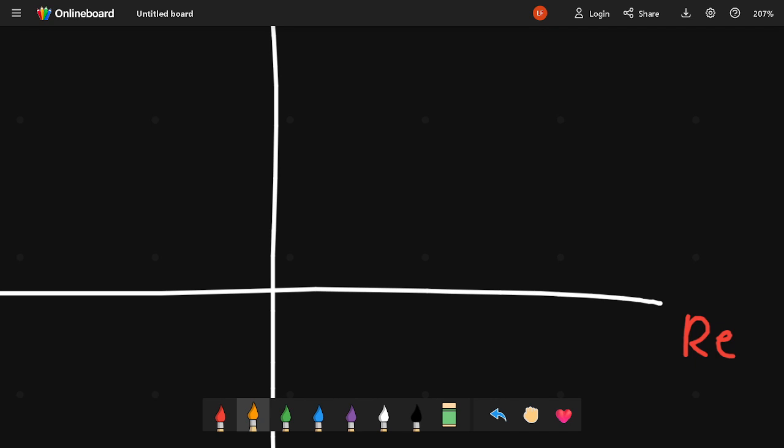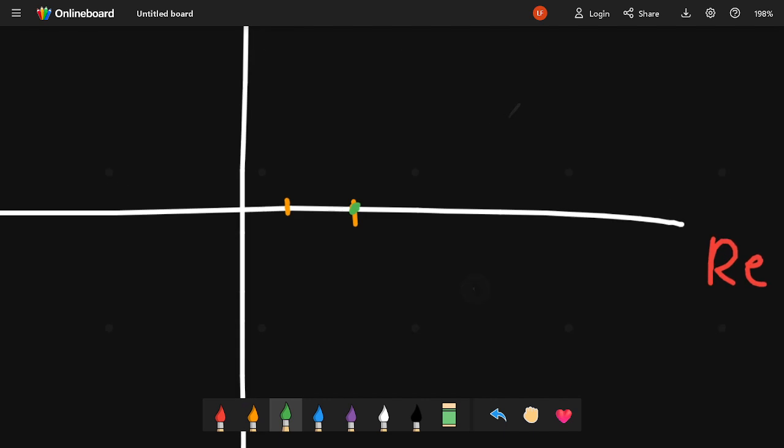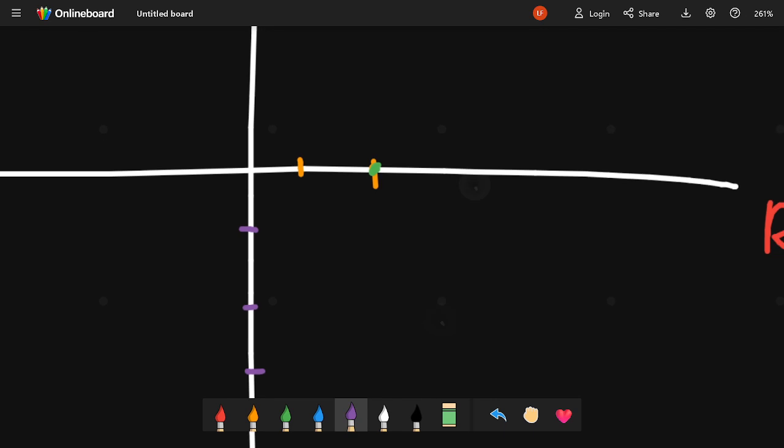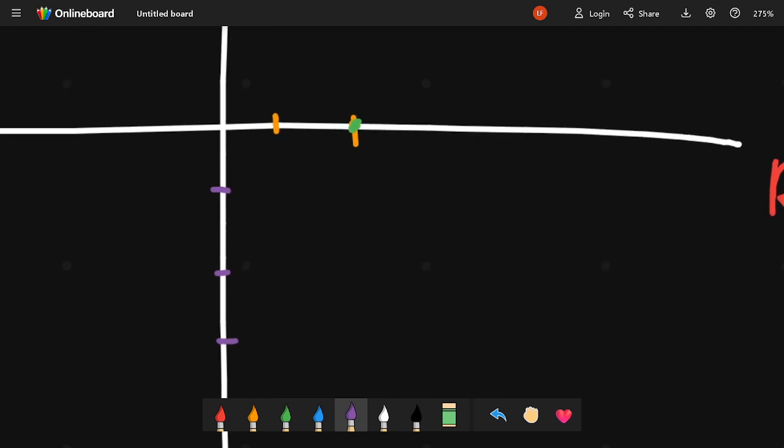So the real part of this complex number is 2. And then from here, we go negative 3: 1, 2, 3. So if we graph this out, this point is right here.